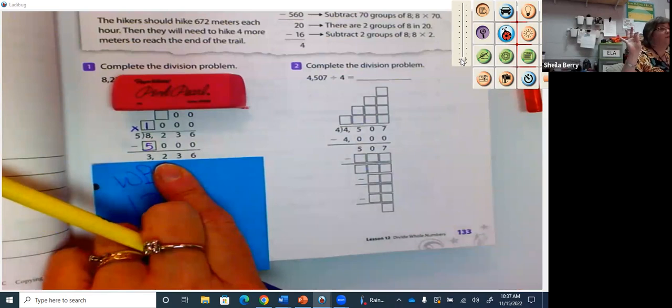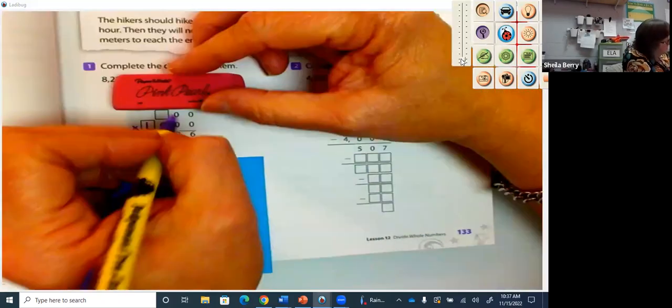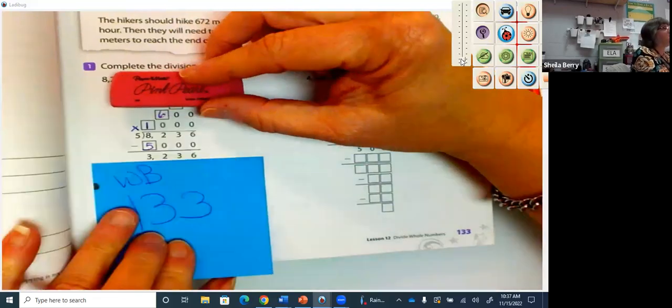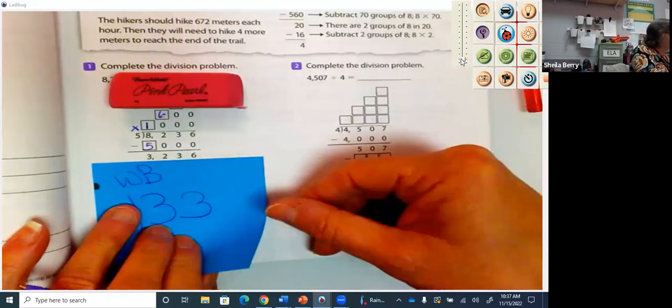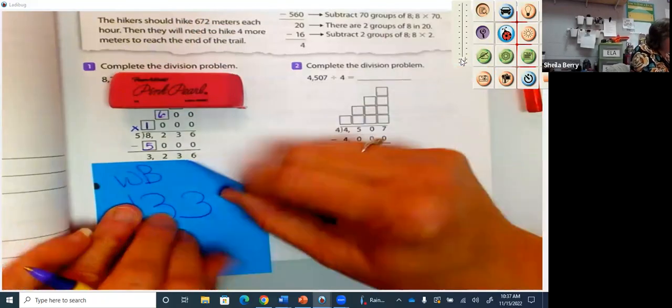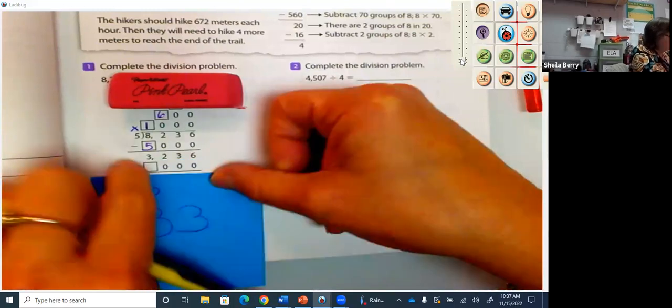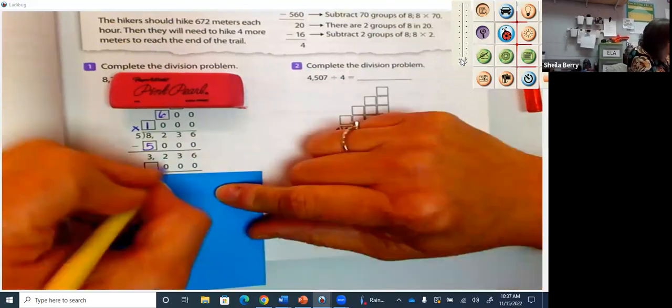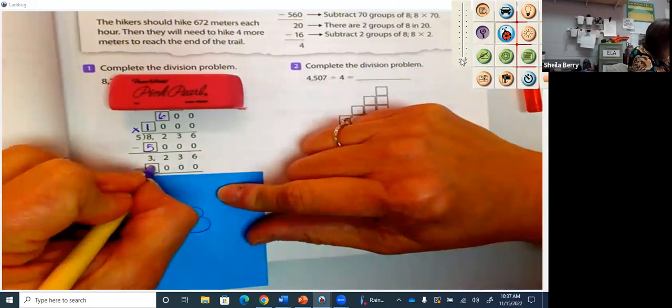Oh, wait a minute. 35's too much. So how many? 6. Okay, so I'm going to put a 6 here. So what is 600 times 5? 3,000, right? 600 times 5 would be 3,000.